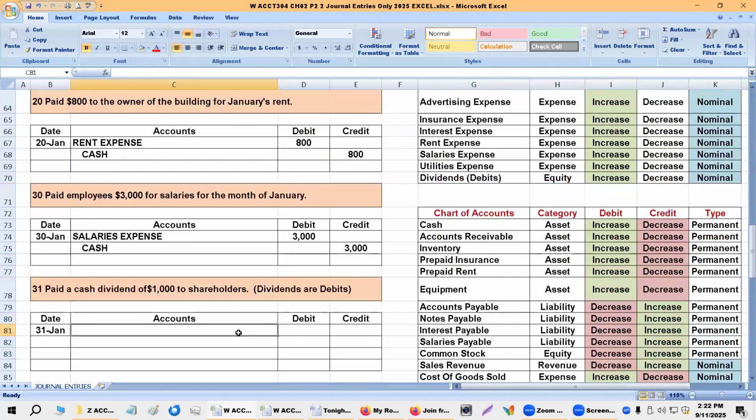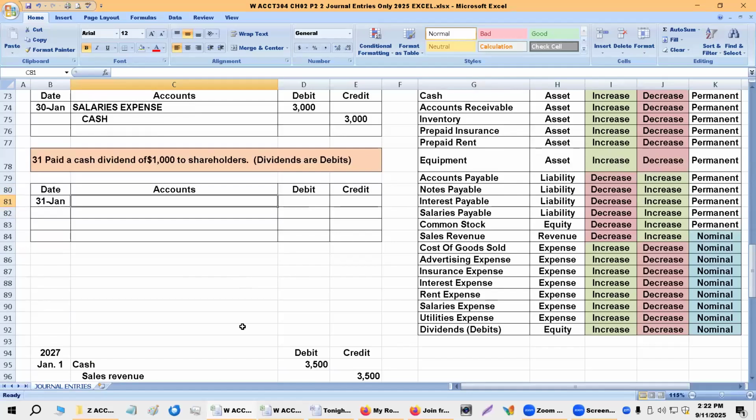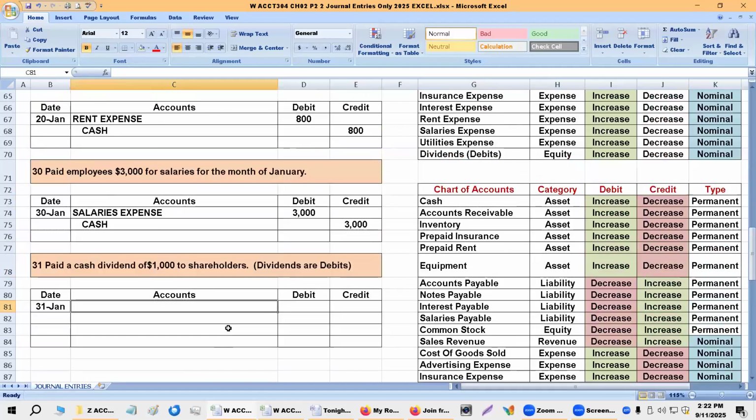Pay a cash dividend to shareholders. Dividends are always debits, similar to expense. That's what you're using money for. I don't like the way the book shows it, and I don't like the way most books show it.